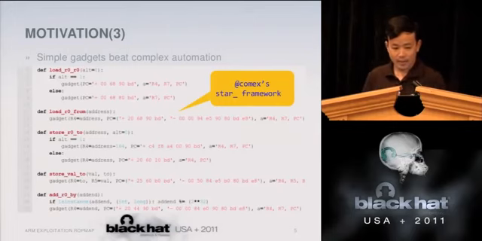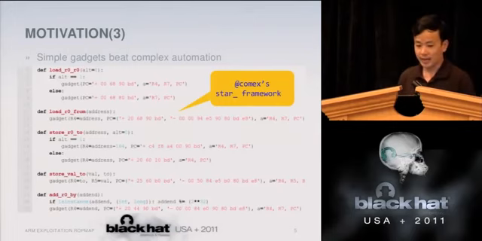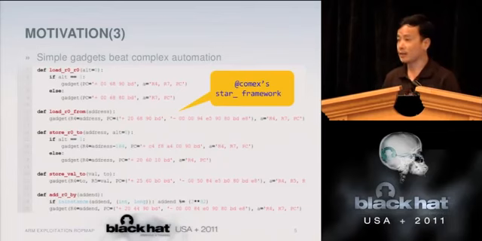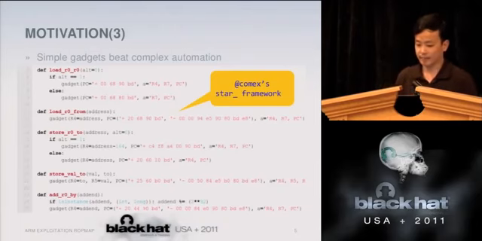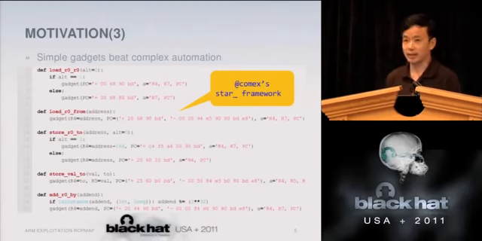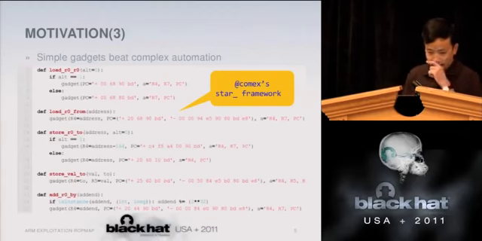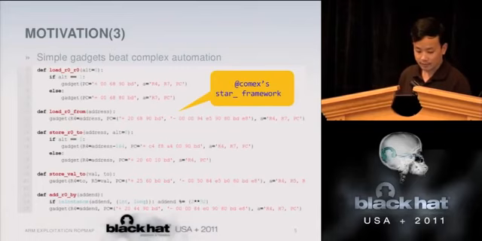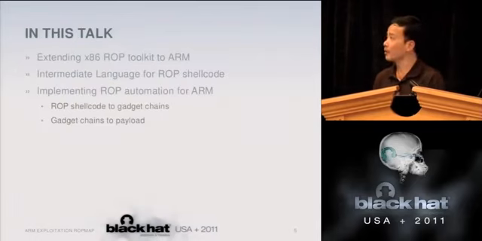So one thing we note here is that, in order to do ROP automation, an important point is we only need to use simple gadgets instead of trying to find complex gadgets. In this talk, we will present just three things.